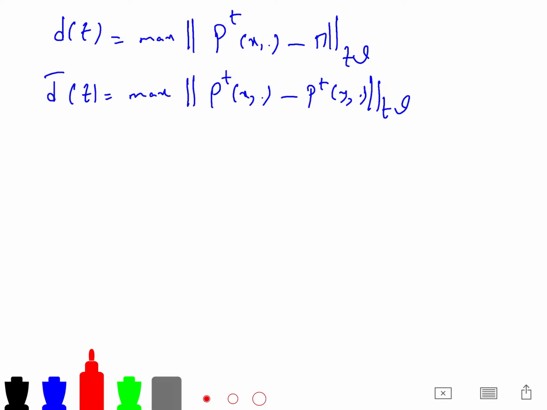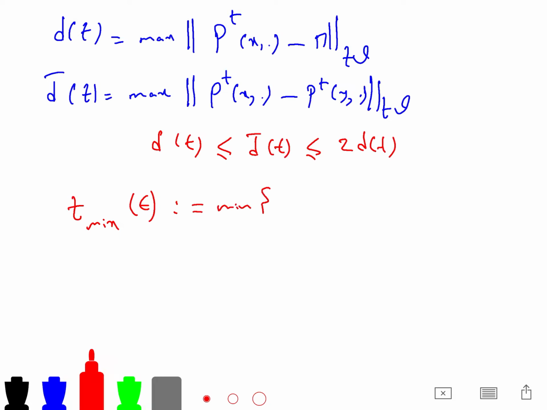So we can measure the total variation. But the important thing that we love from the triangle inequality is that d of t is sandwiched between d bar of t and two factors. And the mixing time, by definition, is the minimum t such that d of t is at most epsilon. So now we can easily define that.